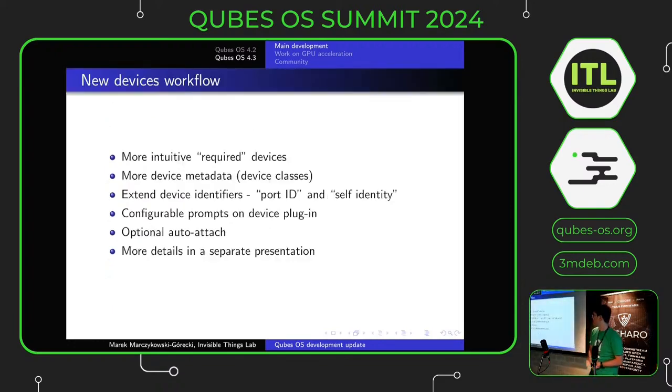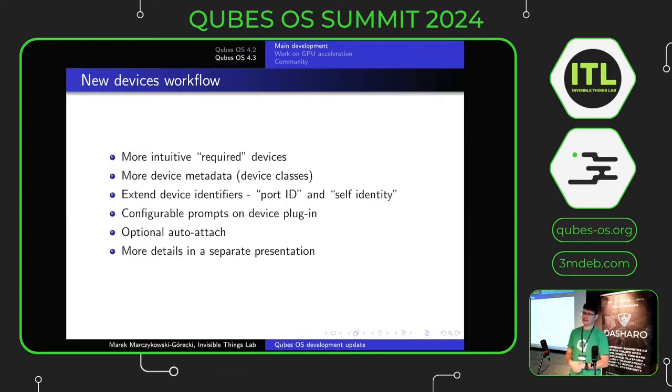So for these devices, there is a new concept of required devices that you need for the VM to work. Previously it worked quite well for PCI devices, but not any other kind of devices. Like if you had an external disk you use in a qube, that was quite tricky to get right. So we have this improved.